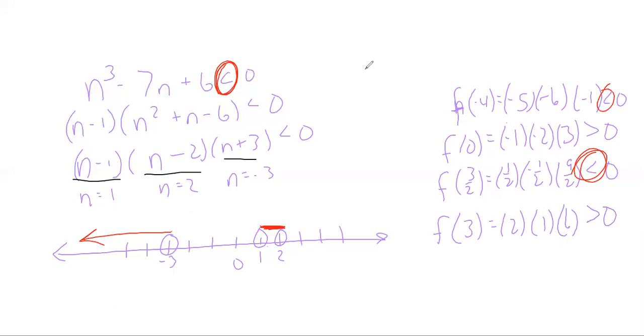And then the last one is greater than, doesn't work. So my answer here, I have x is less than -3, but I also have 1 is less than x, which is less than 2. So I have all of that as an answer.